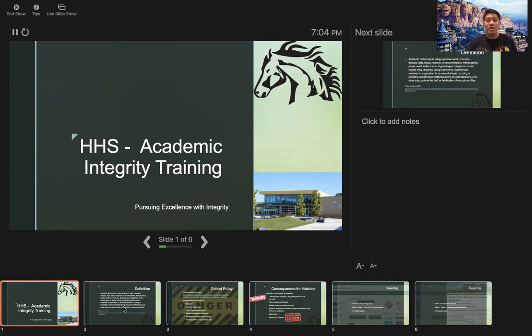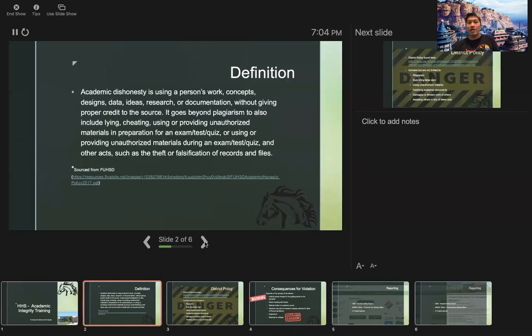Okay, so with the definition of academic integrity, this is sourced from our district policy. The link is on the bottom. Academic dishonesty is using a person's work, concepts, designs, data, ideas, research, or documentation without giving proper credit to the source.